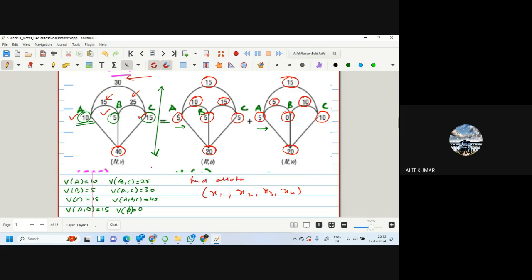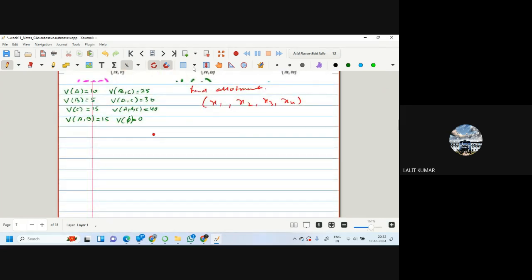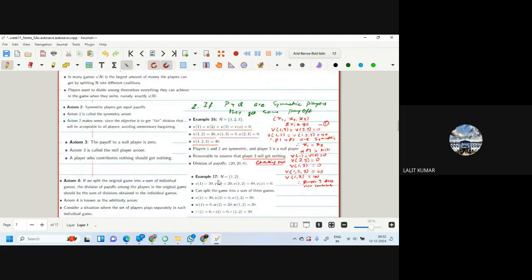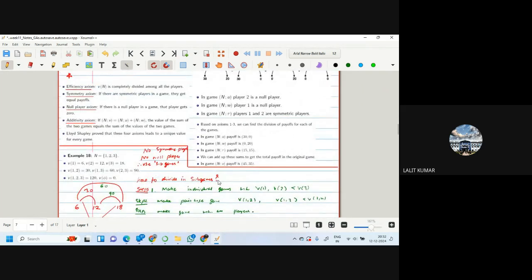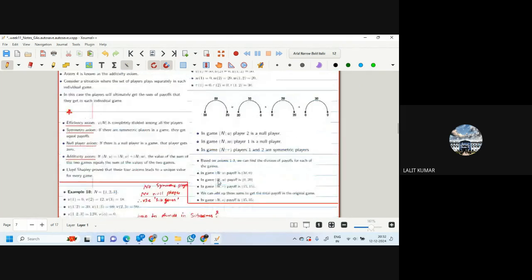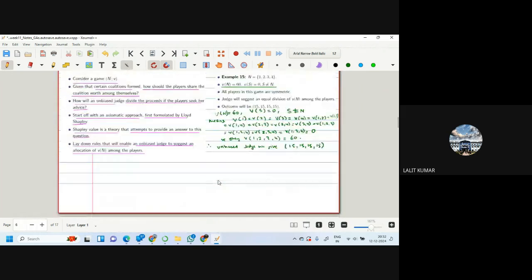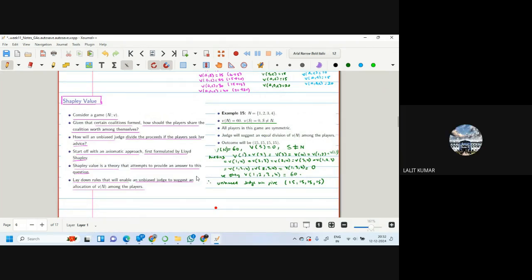I will come to that in the next part. There are two ways of finding the allotment. This sub game we have understood. Now come to the serious business. Sub games are only constituents of that bigger game.